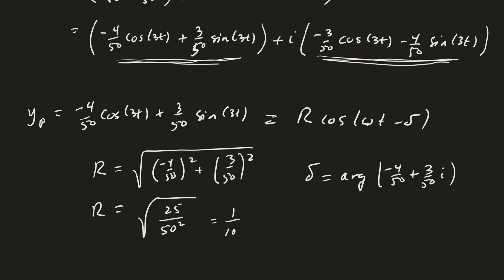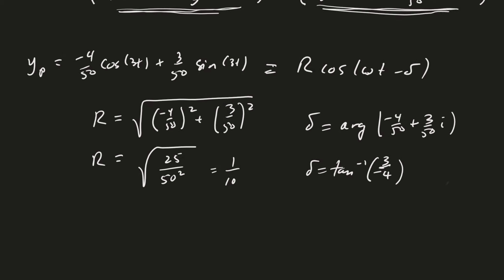All right. And then delta is the inverse tangent of, well, you could write it as 3 over negative 4 because the 50s will cancel, right?